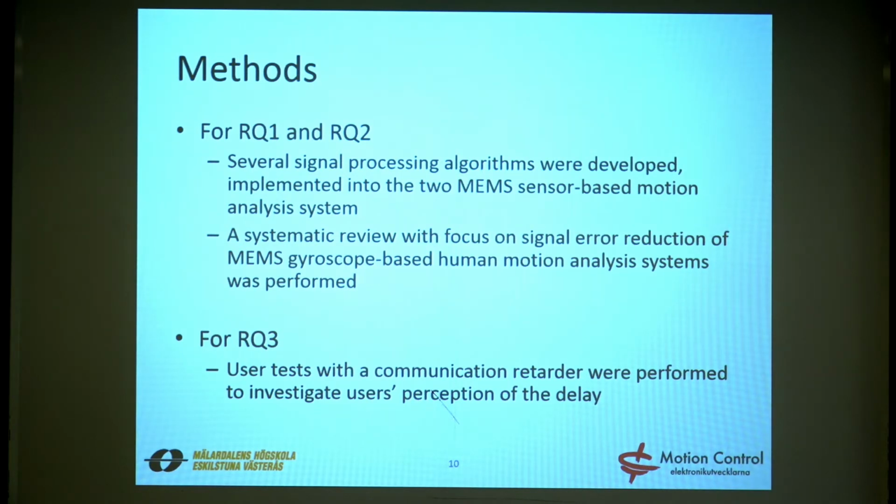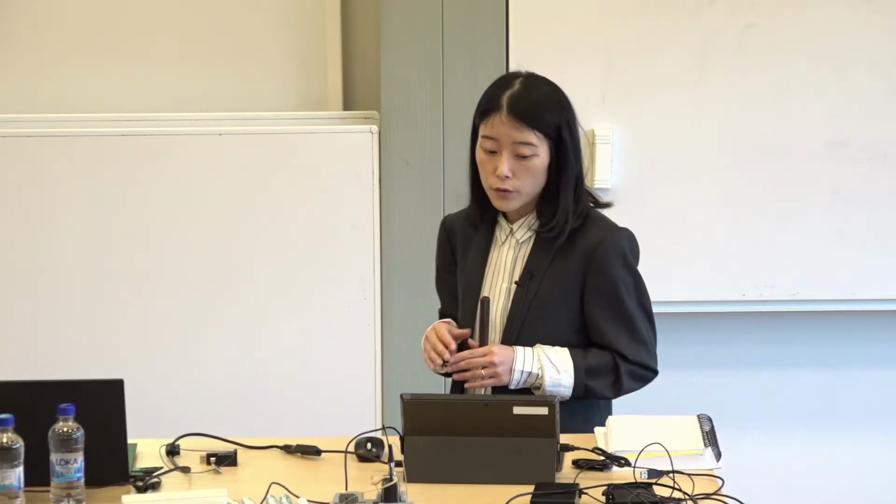And in addition, a system review with focus on signal error reduction of MEMS gyroscope-based human motion analysis system was performed. For the third research question, user tests were performed with a communication retainer in order to investigate users' perception of the delay.